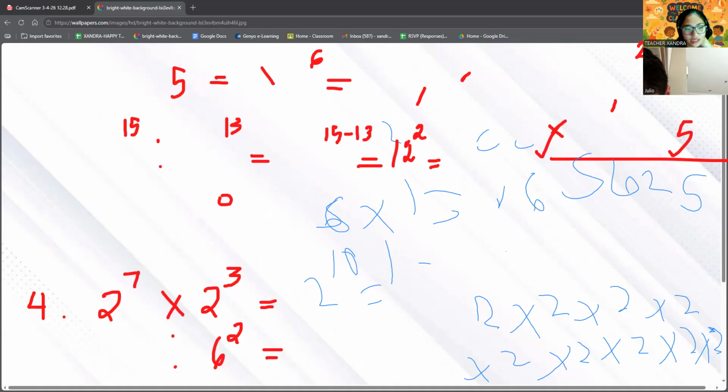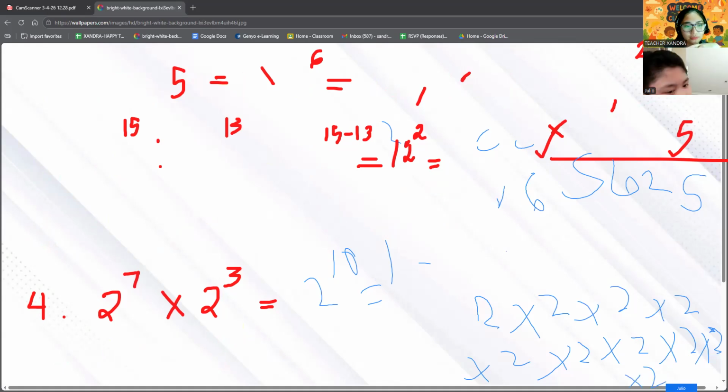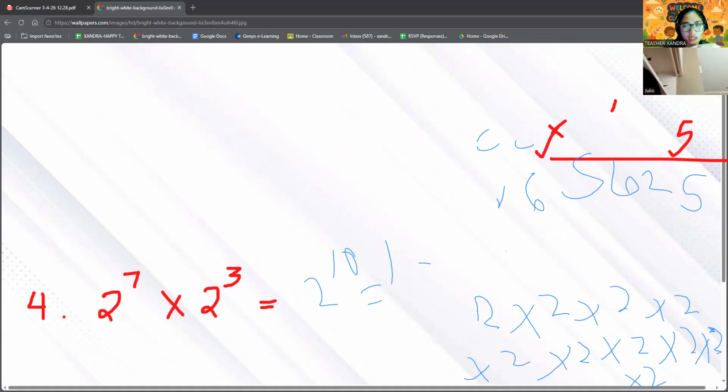And this is the last number. Then we will have a short break. You can do it. This is just a small number now. You have to multiply it only by 2.